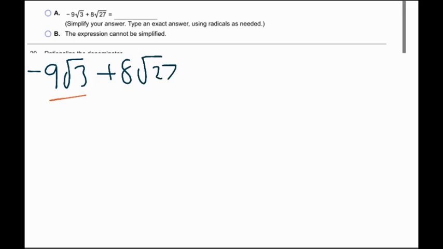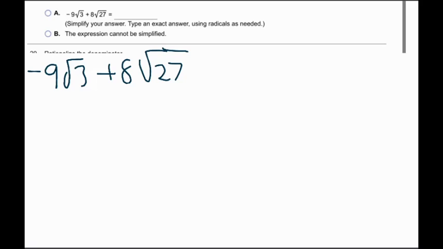Looking at this, the first term is already simplified. However, we've got a little bit of work to do to combine these two. Remember, when we're simplifying radical expressions, what we're looking for are any factors that are perfect squares.